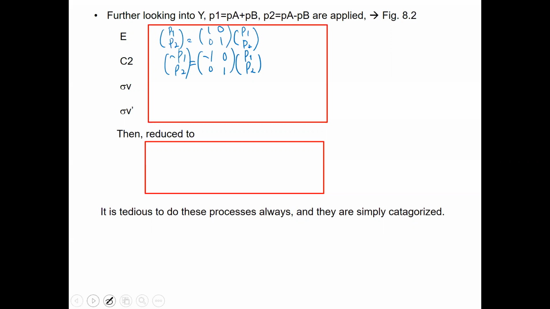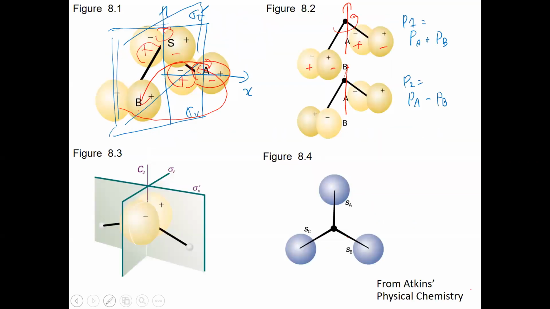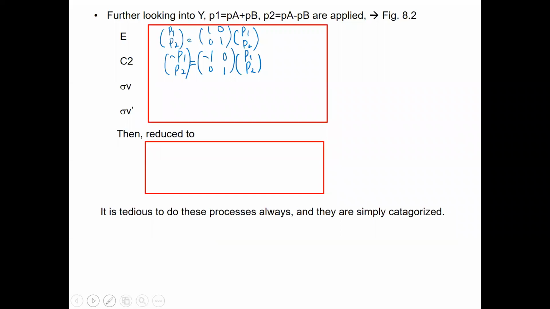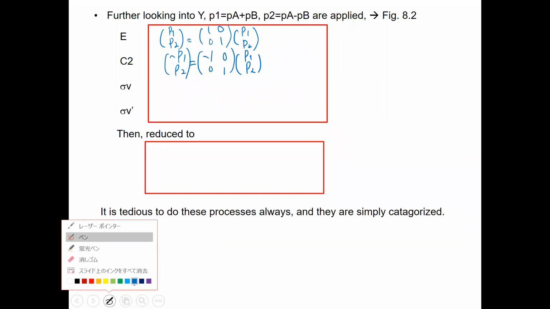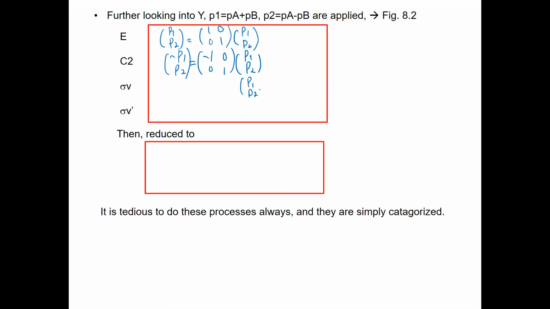And then in the case of the sigma V operation, P1 doesn't change, but for P2 its sign is flipped. So what happens here is that P1, P2 is changed to P1 and minus P2, and this gives 1, 0, 0, minus 1.